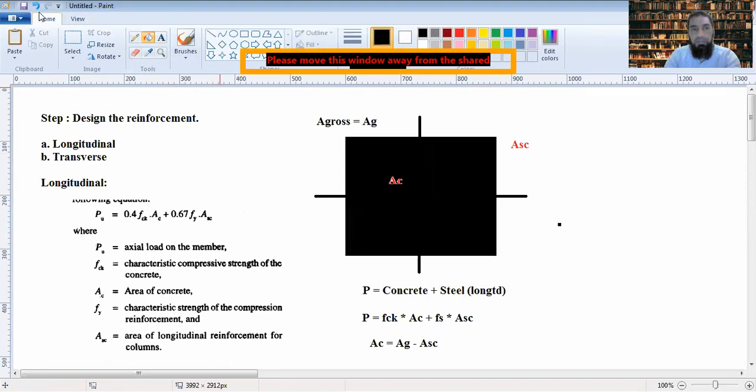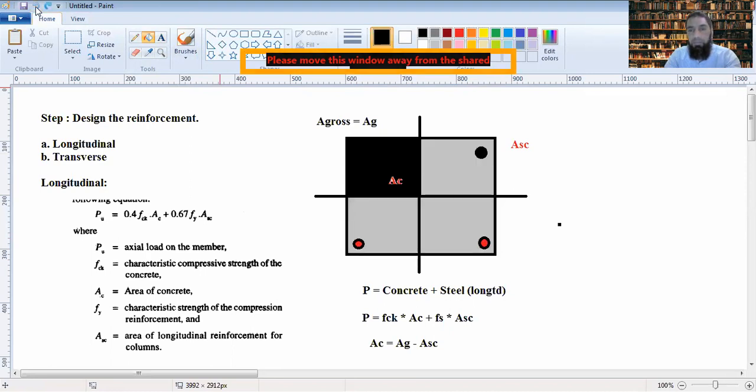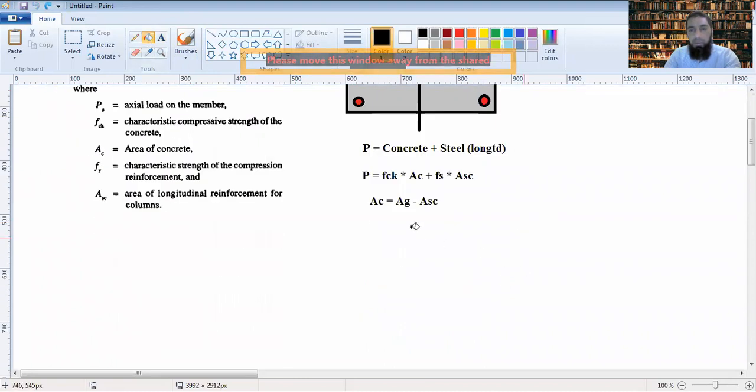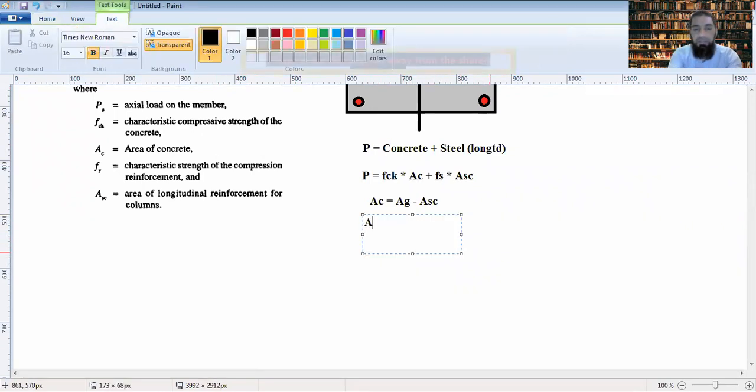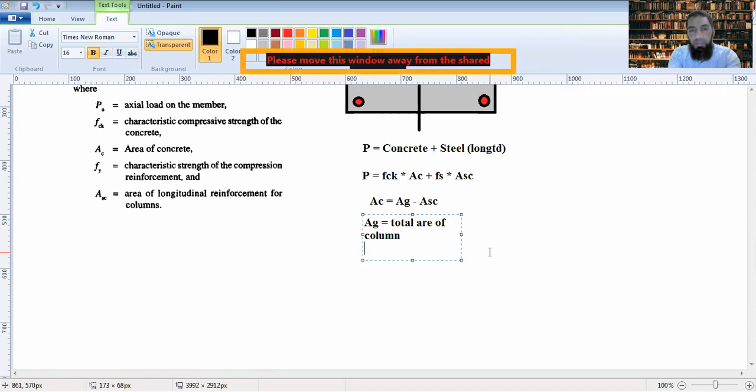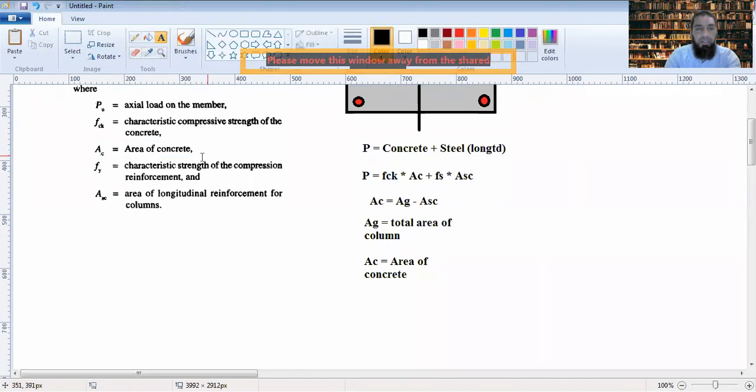It's the total area. Now, what is your AG? AG is the total area of column. So your AC is only the area of the concrete, which is given here. AC is the area of concrete.